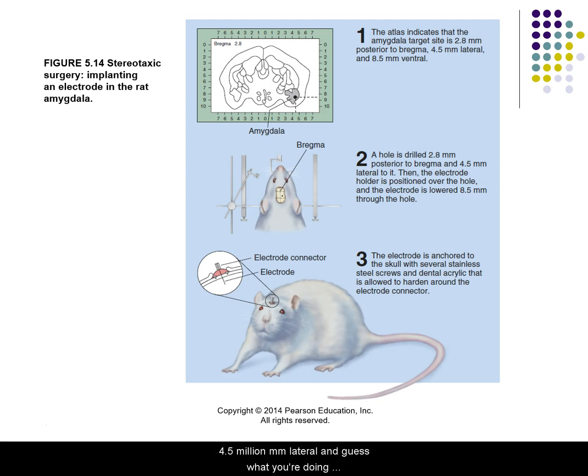And guess what? You're doing stereotaxic surgery, and this could easily be a human also. They would use the same process. And imagine if you got your posterior, anterior, lateral, medial mixed up. It would be very, very detrimental to the animal or your patient. So again, it's important to understand the directionality of these.